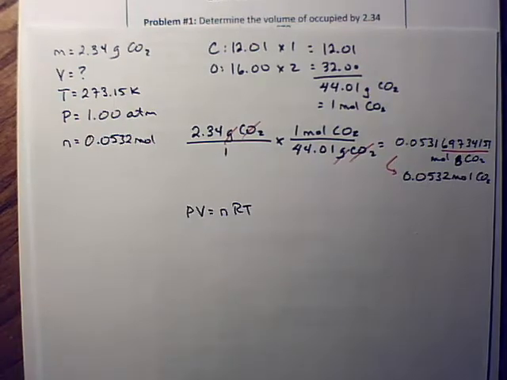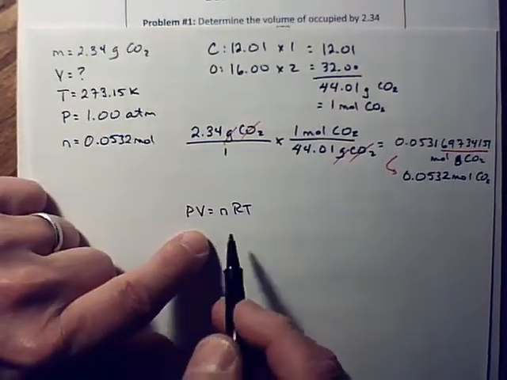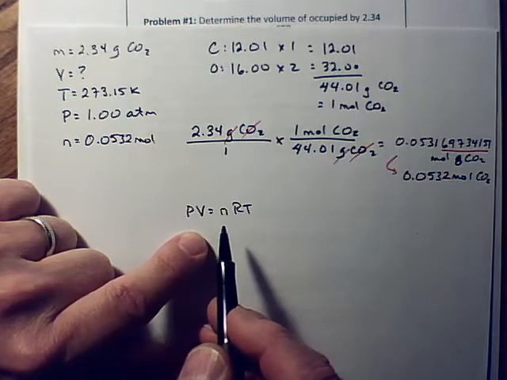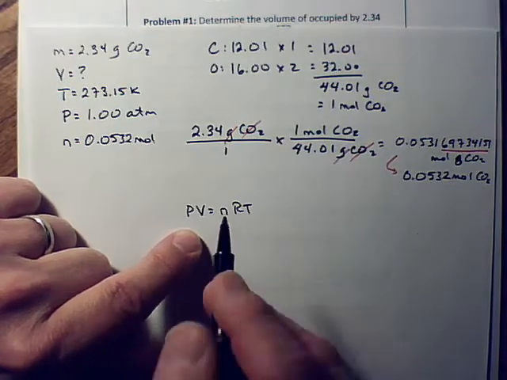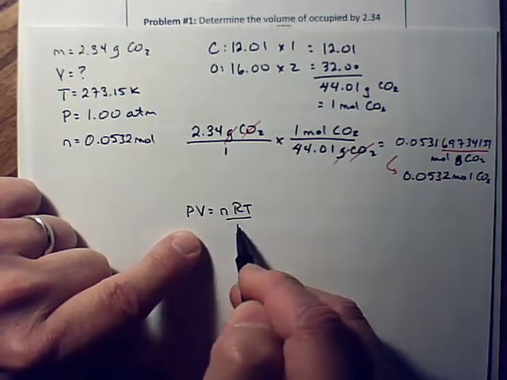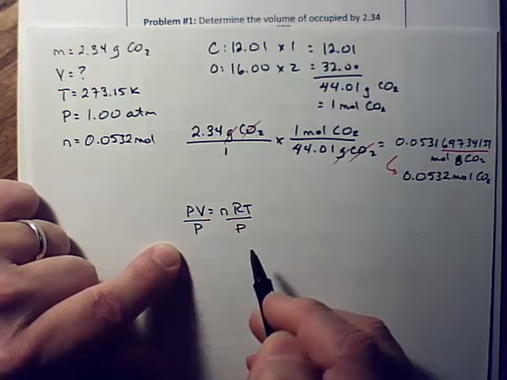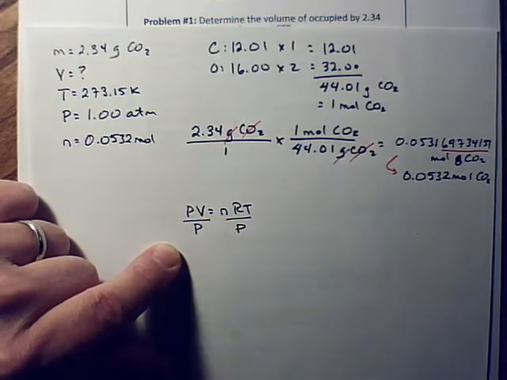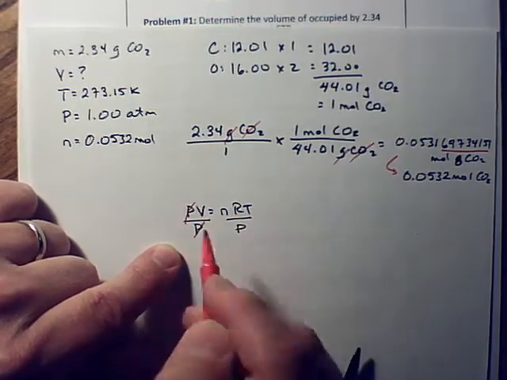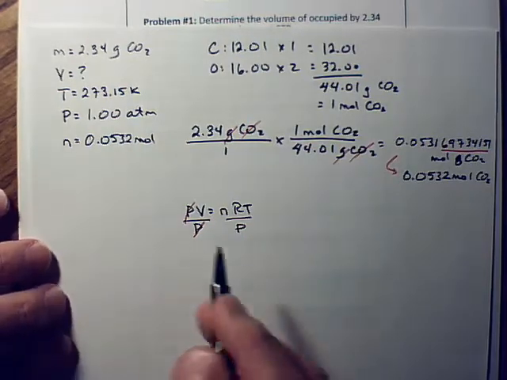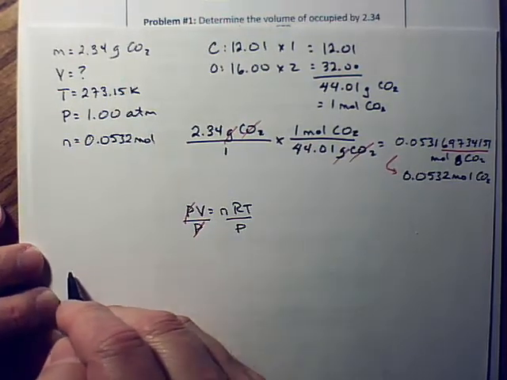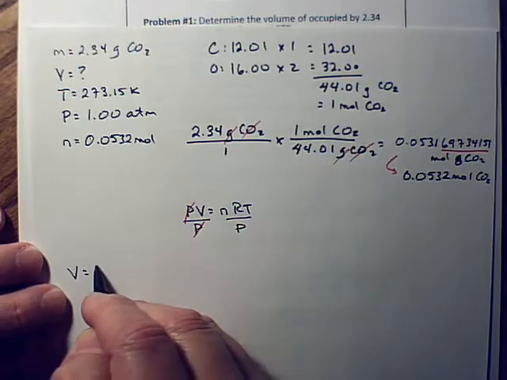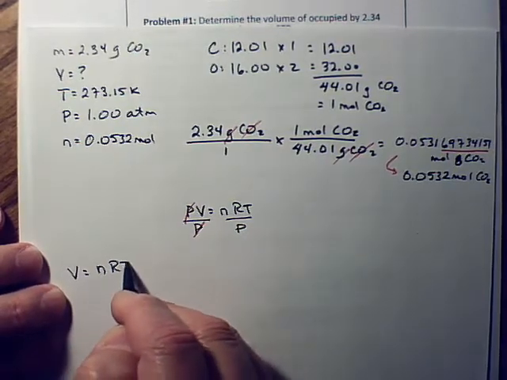I'm going to do the isolation first, because getting V by itself is pretty easy here, isn't it? If I divide both sides by P, then P cancels on this side here, and I get V by itself. So what I've done is just change the equation around so that I have V equals nRT over P.